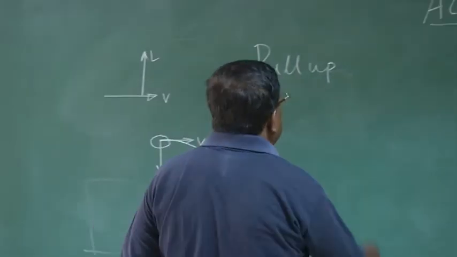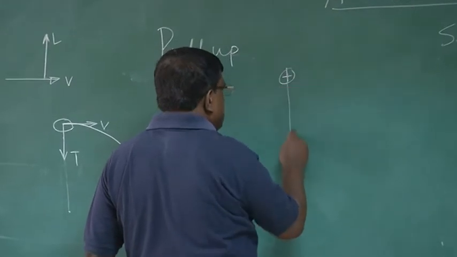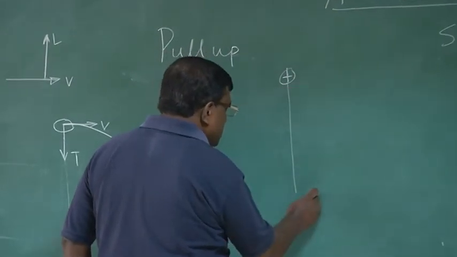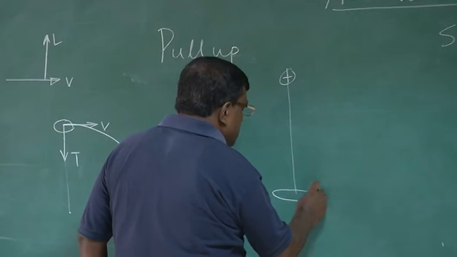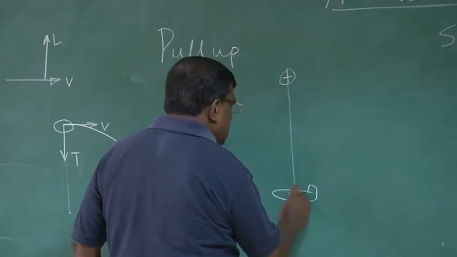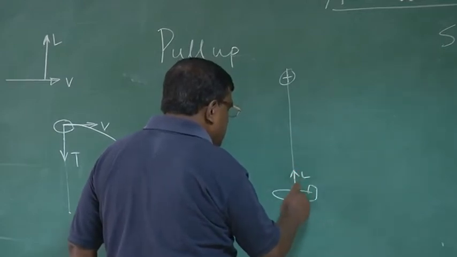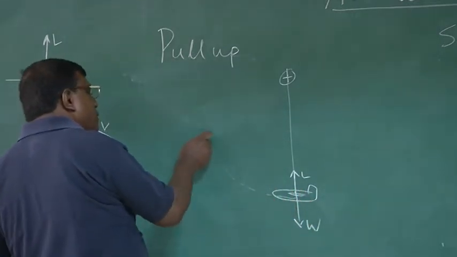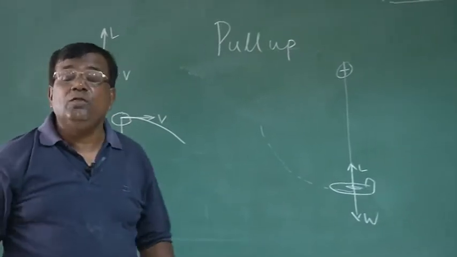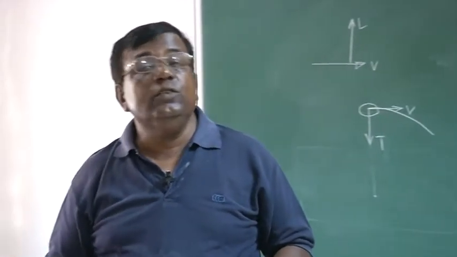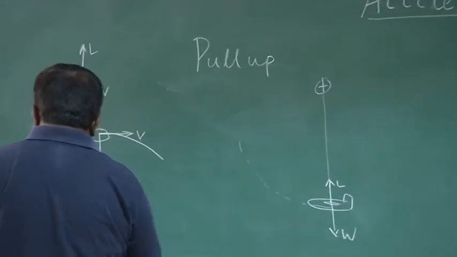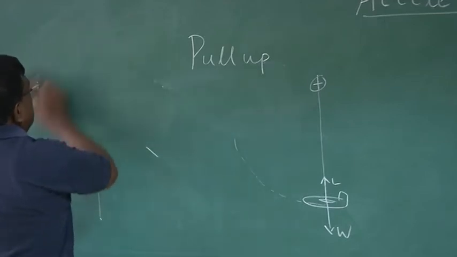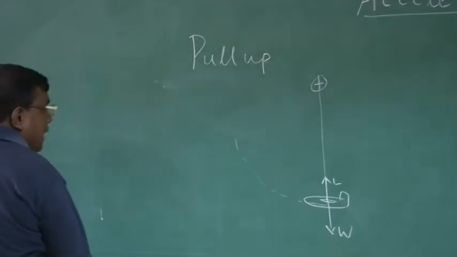Let me draw. This is the airplane, this is the lift, this is the weight. Since it is going in a curved path, it is no more unaccelerated flight. It is an accelerated flight.